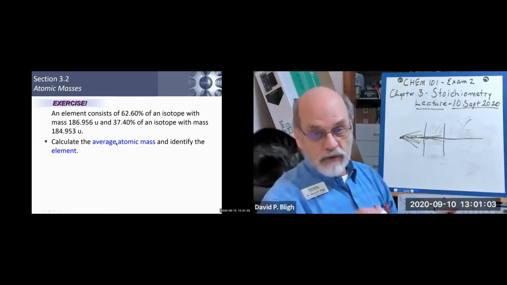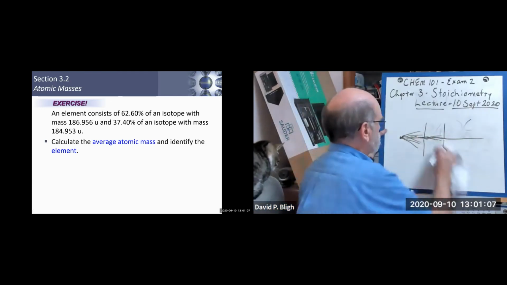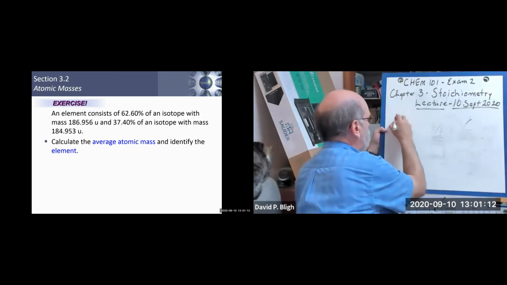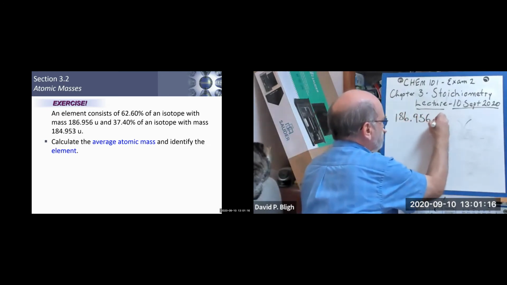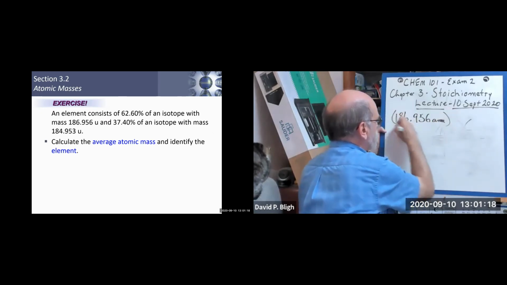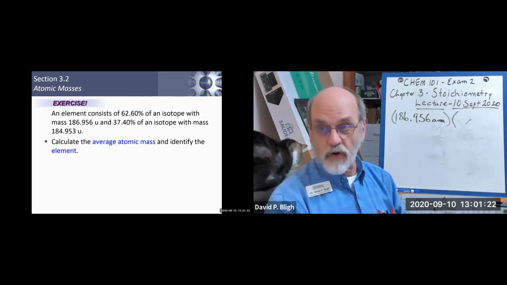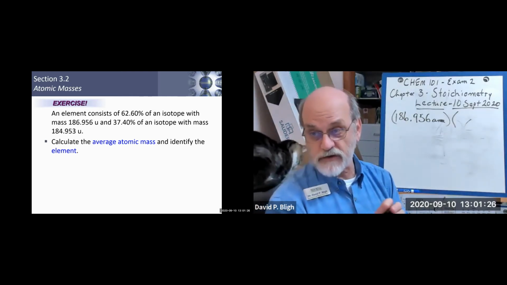Right, so we would take 186.956 atomic mass units and multiply it by its abundance. The decimal equivalent of 62.6 is 0.626.